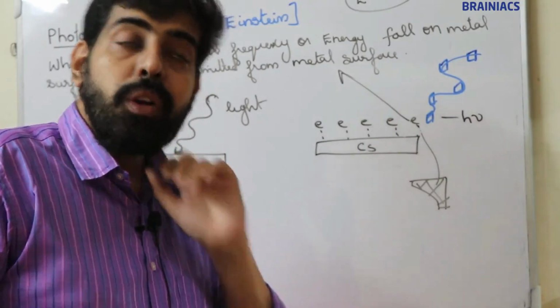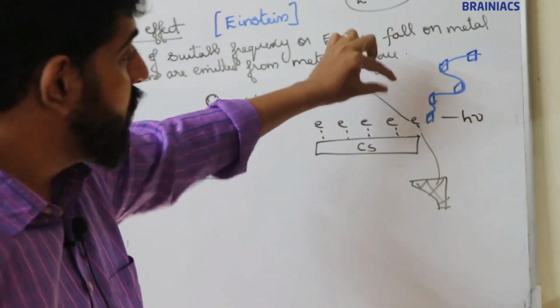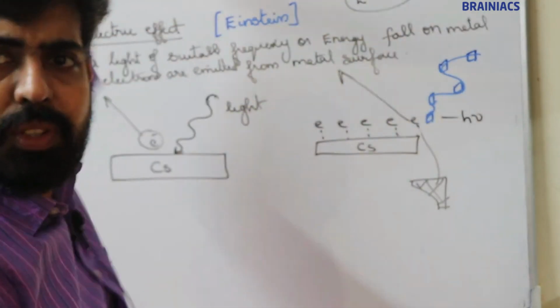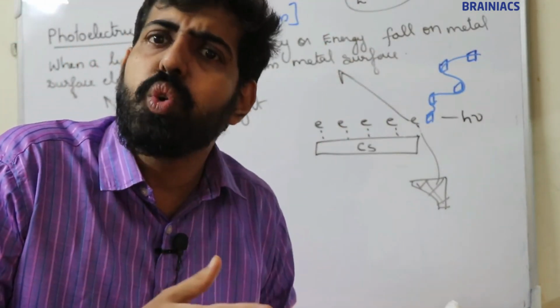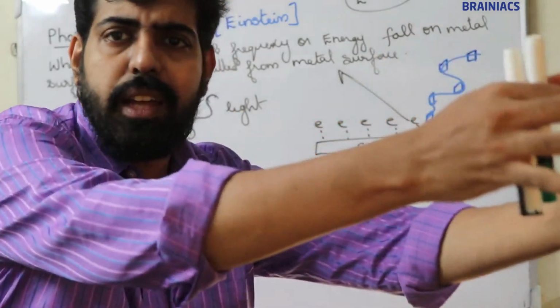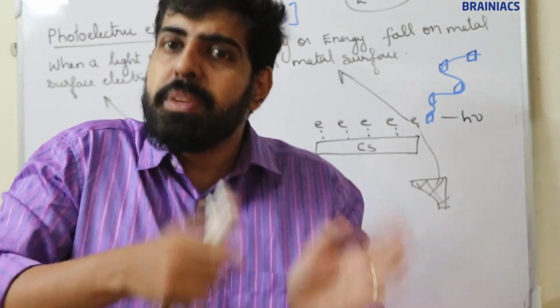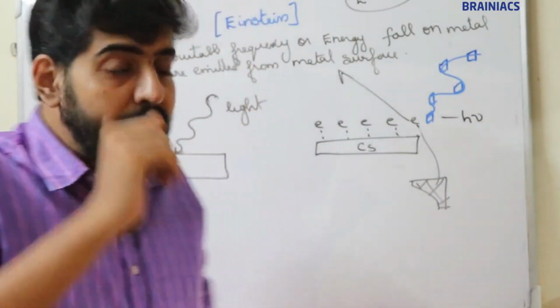Okay. Now the remaining amount of energy of that photon is given to that electron. So now the electron got energy, it will emit. That energy is used to move; the electron will absorb the energy, and by using that energy, it moves from that surface. Right. So we can write like this.